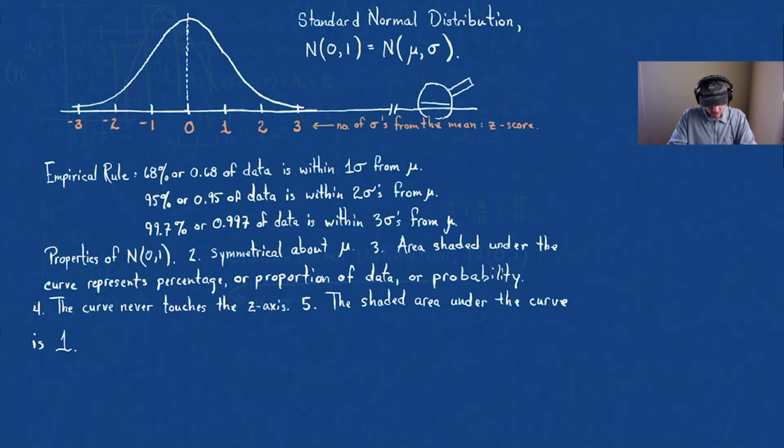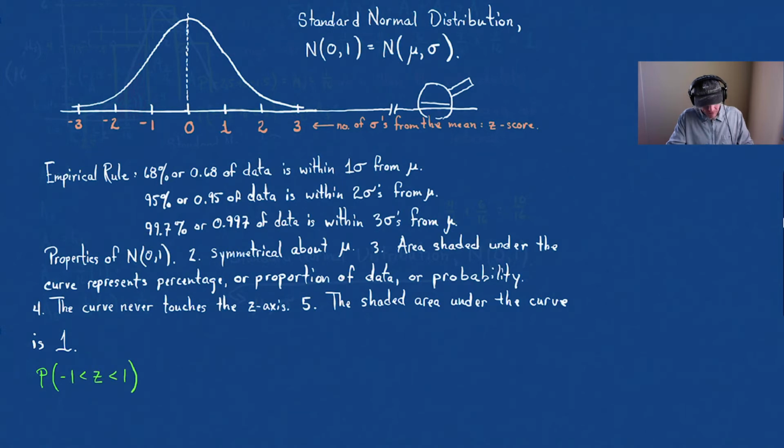So I want to do this. I'm going to start drawing these pictures. So let's do these in, how about this green color? It's very pretty. So if I want the probability, I'm going to write it this way, the probability that -1 is less than z is less than 1.